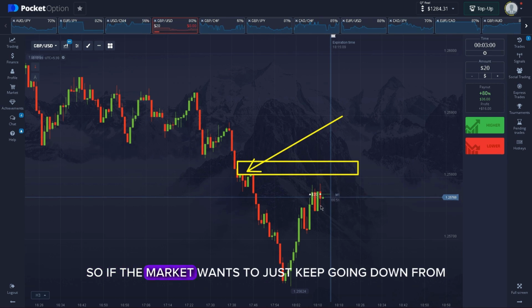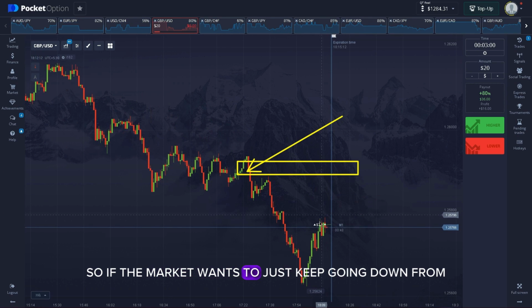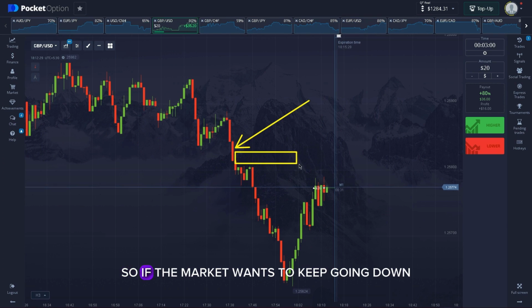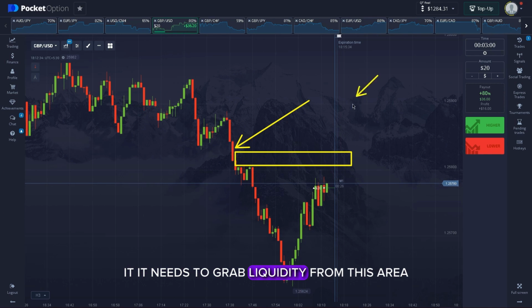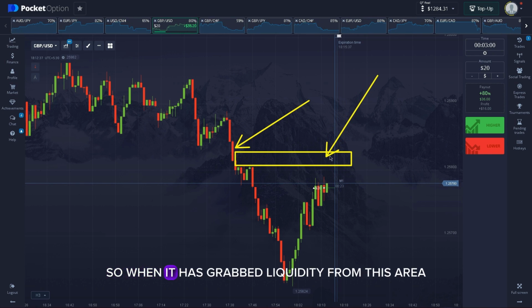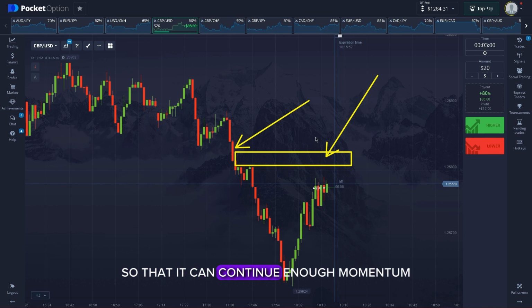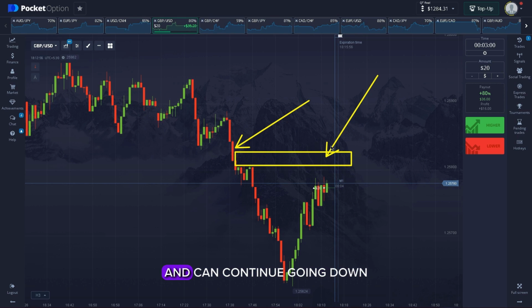We are in a downtrend, so if the market wants to keep going down, it needs to grab liquidity from this area. When it has grabbed liquidity, it's gonna go down, or it can easily break up, but most likely it's gonna go down. It needs to come in here to grab some liquidity so it has enough momentum to continue going down. I hope you understand.